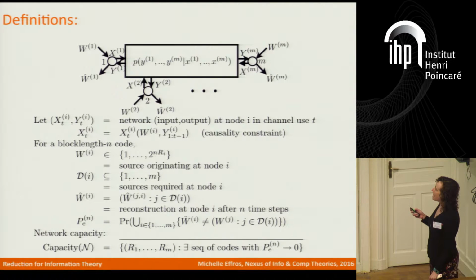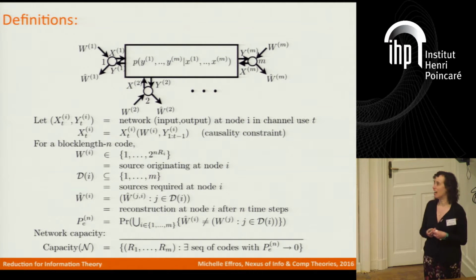We'll imagine that the relationship between the inputs at each of some m nodes in your network and the outputs at each of those nodes is given by some statistical description of the conditional distribution of the outputs given the inputs, and we'll assume, for simplicity, a memoryless network. We have m nodes here, and don't think of m as 10 or 20.